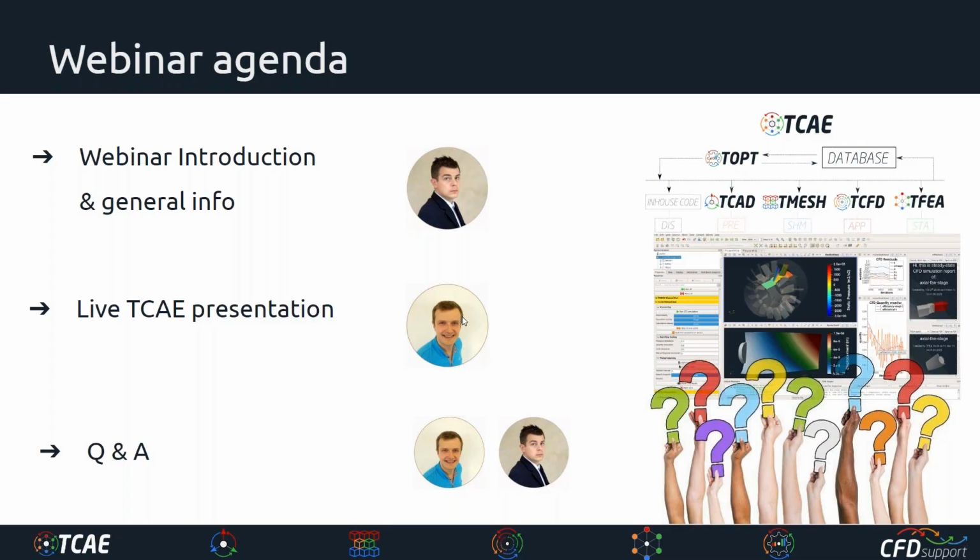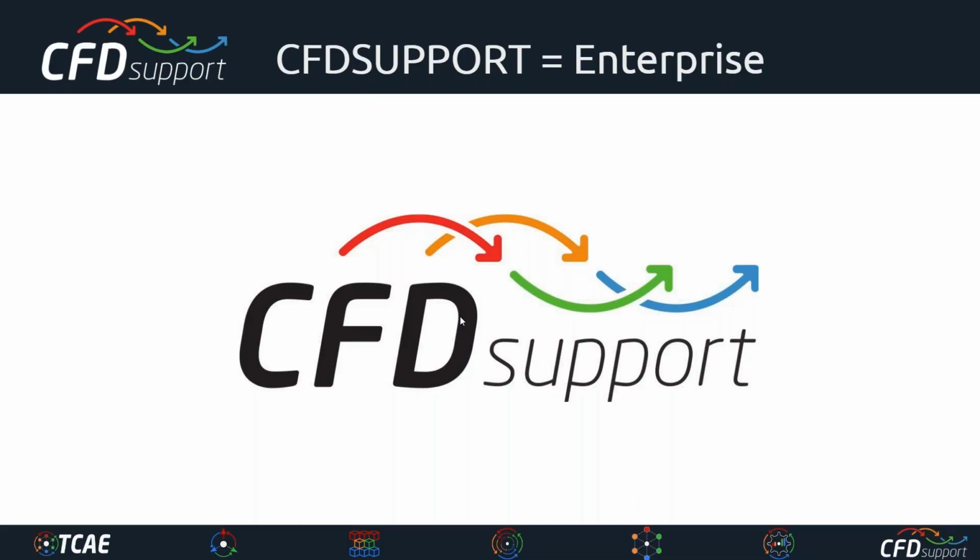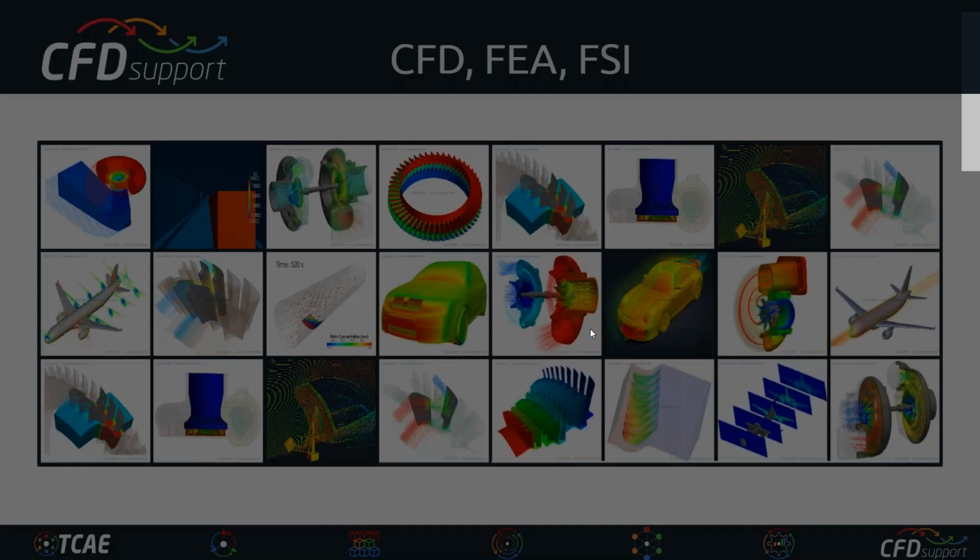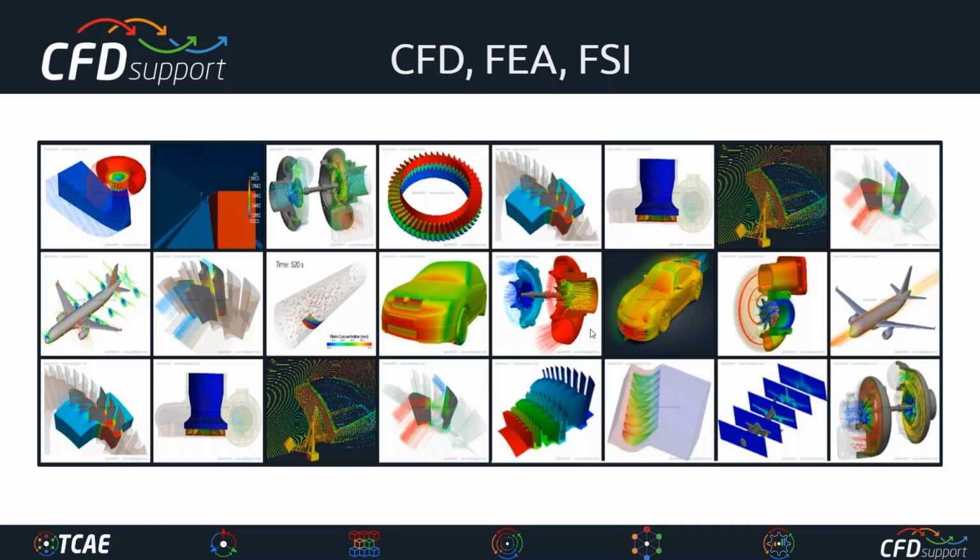Okay, so let's start with a very quick introduction. Our company name is CFD Support. It was founded in 2009. It's located in Prague, Czech Republic, and at CFD Support we deal with engineering simulations at all levels. We primarily focus on the development of CAE software with very high added value for its users.